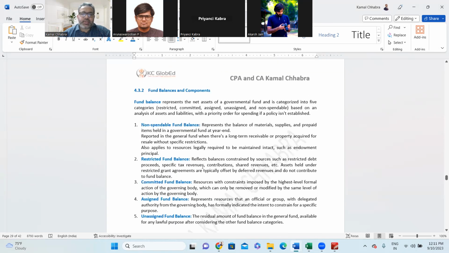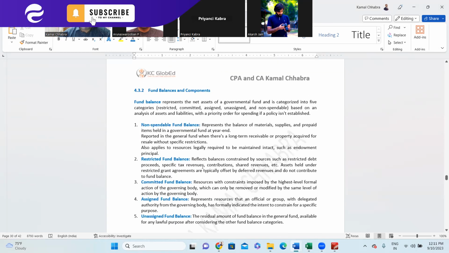What is fund balance? Now we are discussing the fund financial statement. So fund balance represents the net assets of a governmental fund, and it's categorized into 5 categories: restricted, committed, assigned, unassigned, and non-spendable.